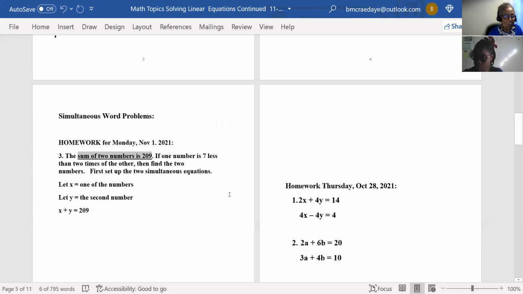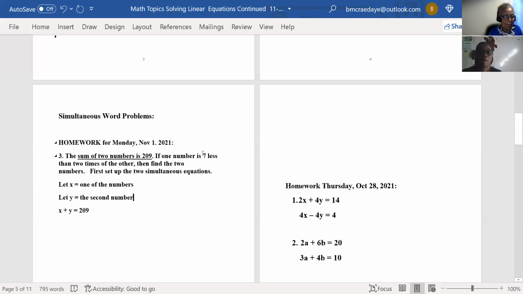7 less means what operation, Vanessa? Addition, subtraction, multiplication, division? Subtraction, that's right. 2 times the other, that means what? 2 times means to multiply. That's right.